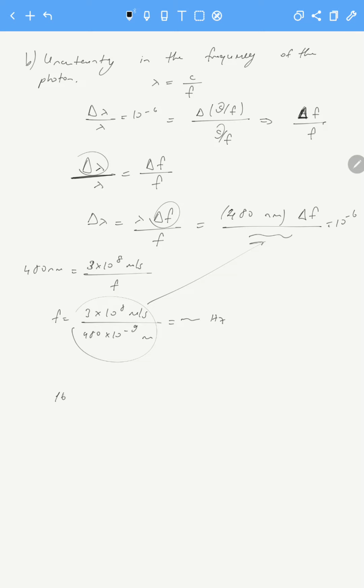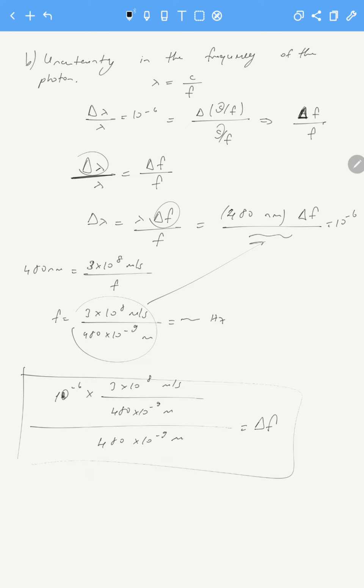So solving it all together, this per second over 10 meters is going to be the uncertainty in the frequency.